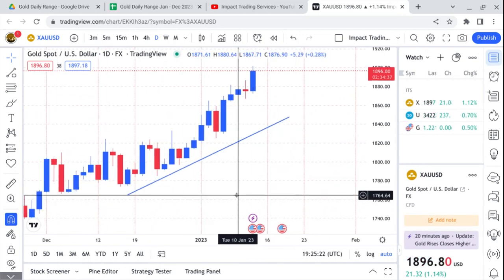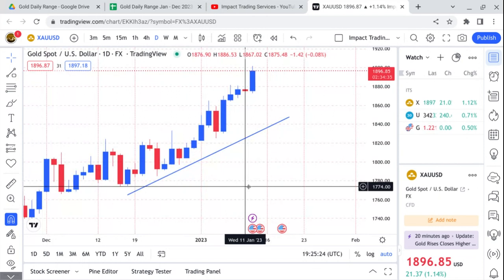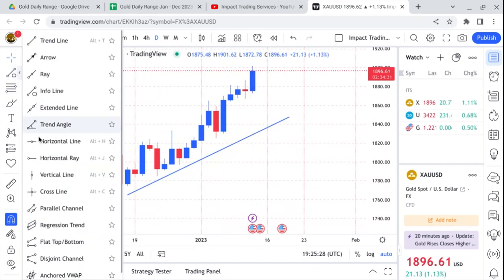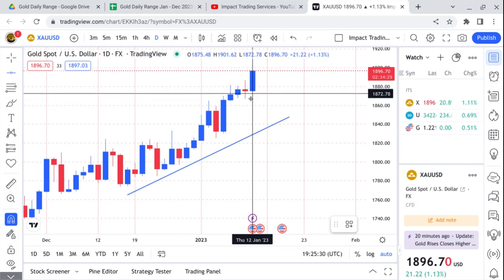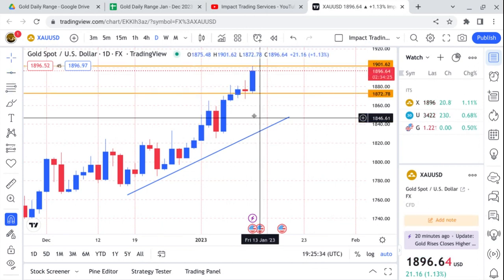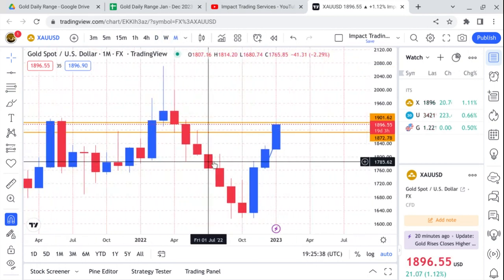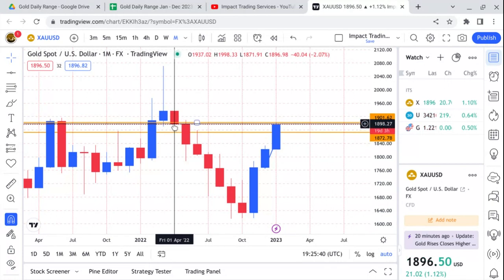So how do we use daily ranges? How do we use data to our advantage during the trading day? Every single day we mark off monthly highs, monthly lows, weekly highs, weekly lows, monthly open, monthly close, weekly open, weekly close.